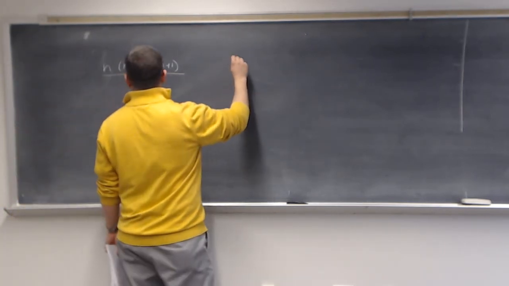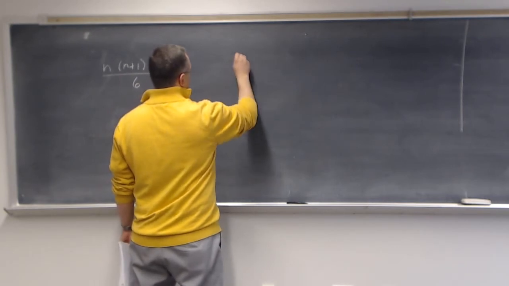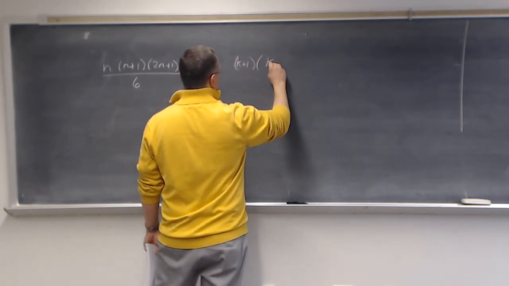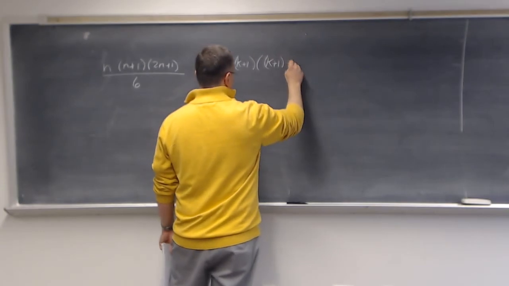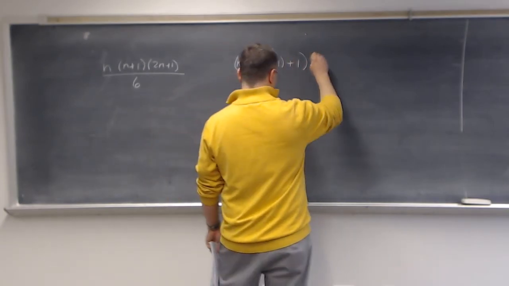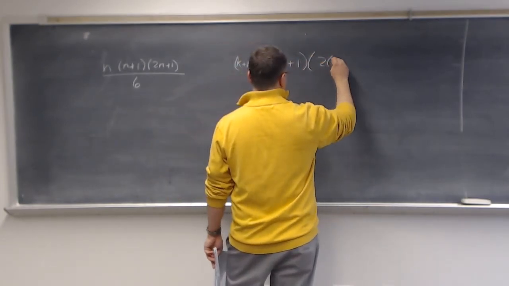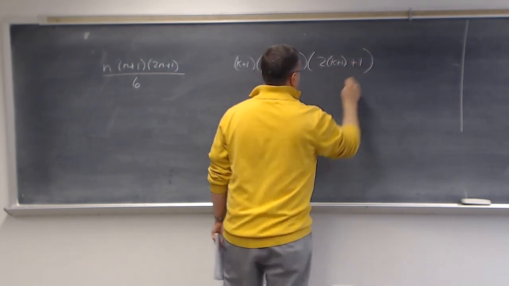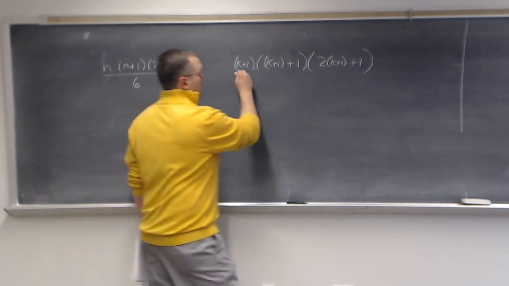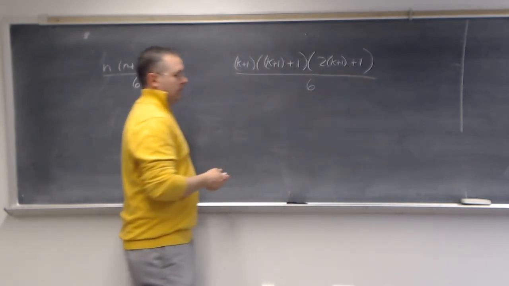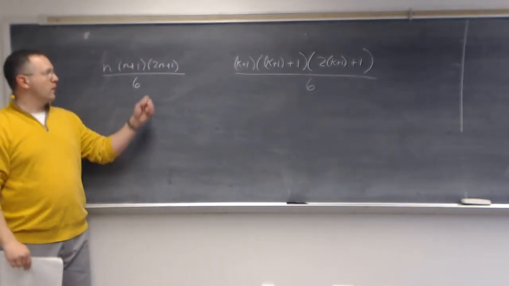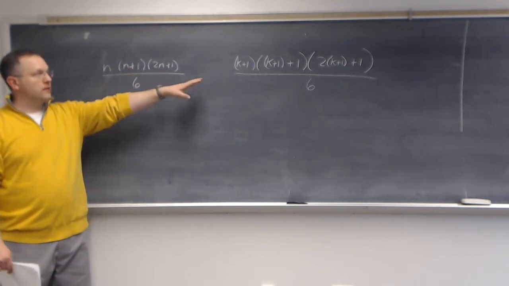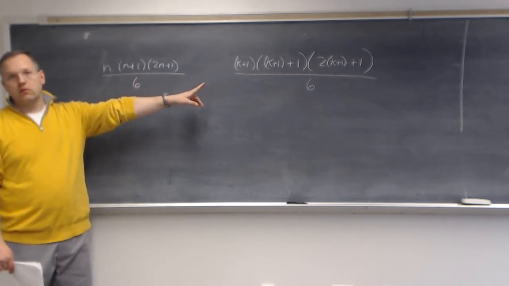It would look like k plus 1 times k plus 1 plus 1 times 2 times the quantity k plus 1 plus 1, all over 6. If you replace n with k plus 1, that's what it should look like.